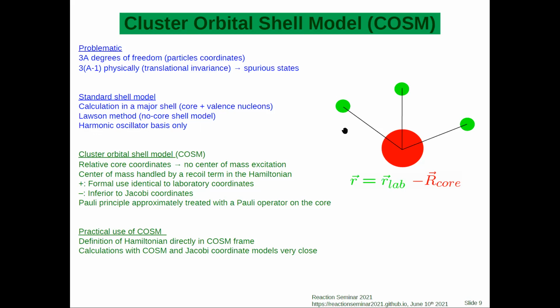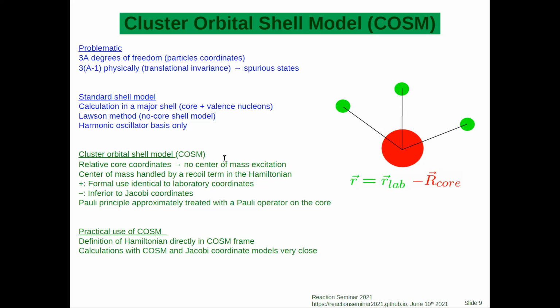It doesn't work with the Berggren basis, because with the Berggren basis, we don't have the properties of the harmonic oscillator basis. So in order to deal with the center of mass excitation, we had to use another framework, and it is the cluster orbital shell model, which allowed us to solve this problem.